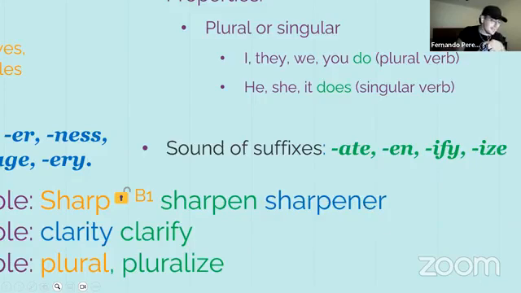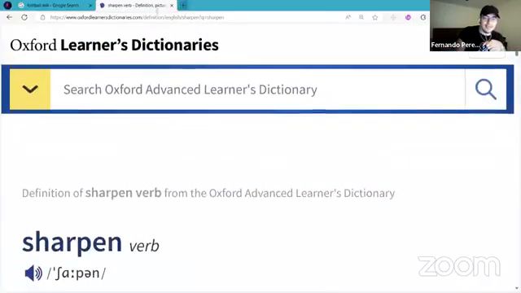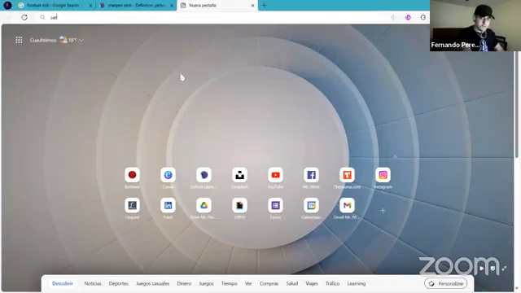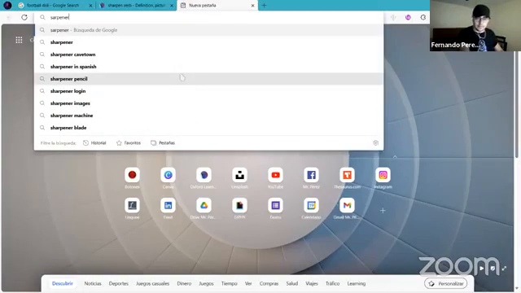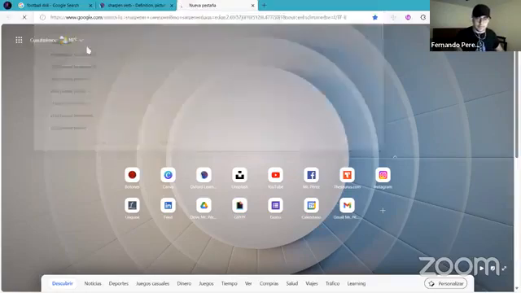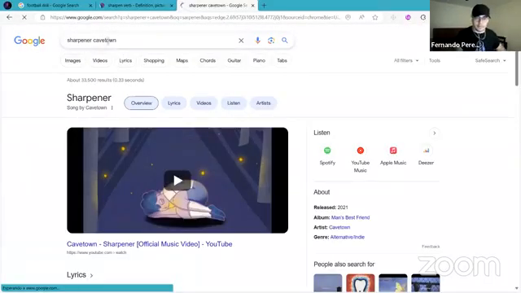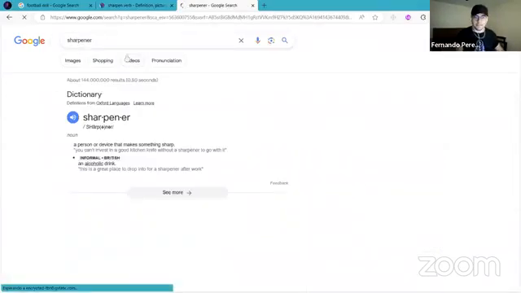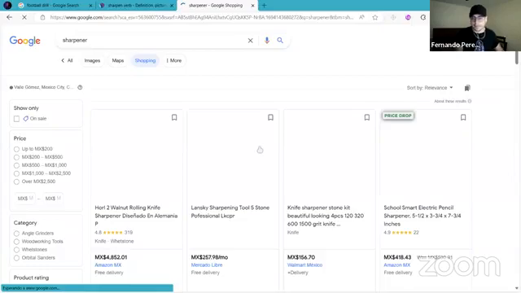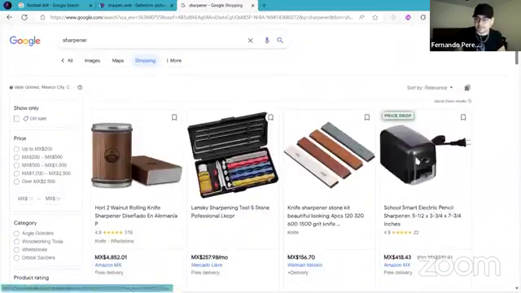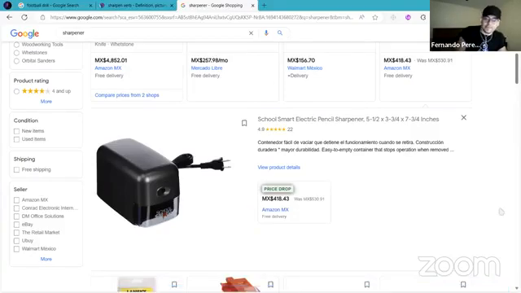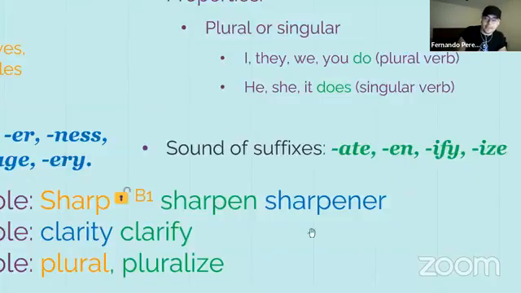The sharpener is this. This is a sharpener. You see? Because it sharpens.